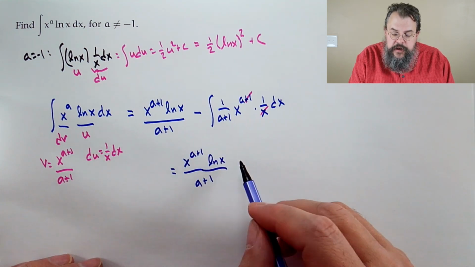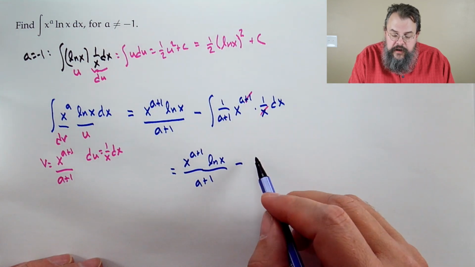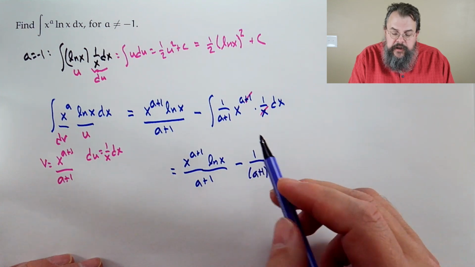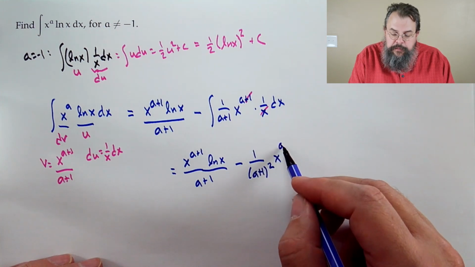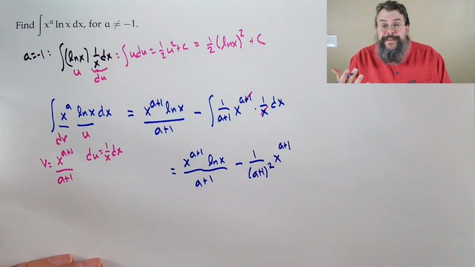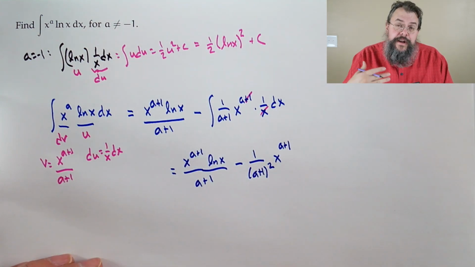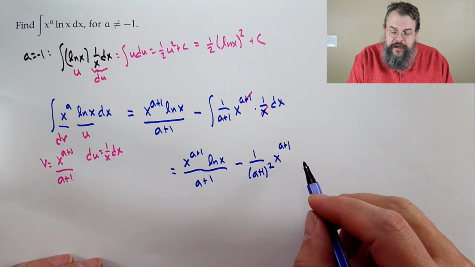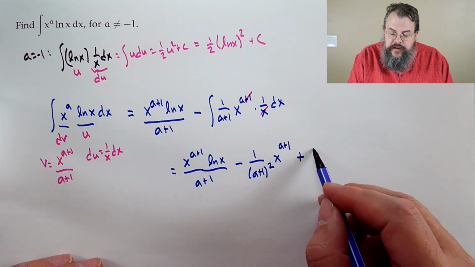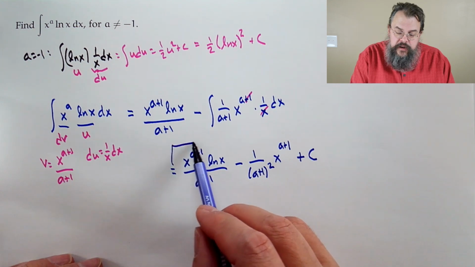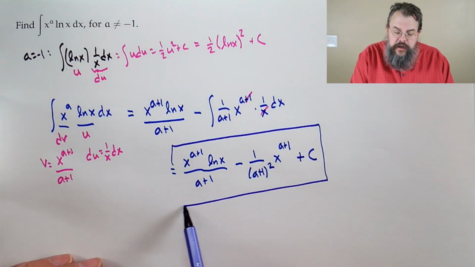That's our first term. Minus, and here we'll get 1 over a plus 1 squared x to the power a plus 1. Because that's what the integral of x to the a is. See, there's a second a plus 1 that comes down in addition to the one that's already there. And of course, at the end, it's an indefinite integral. Don't forget, plus c, plus c.